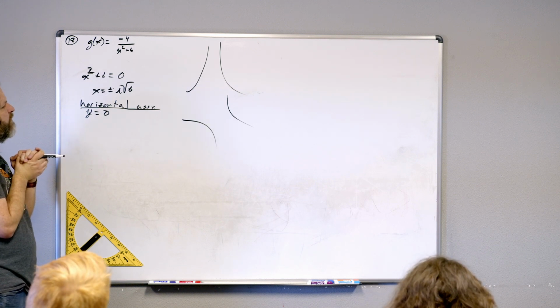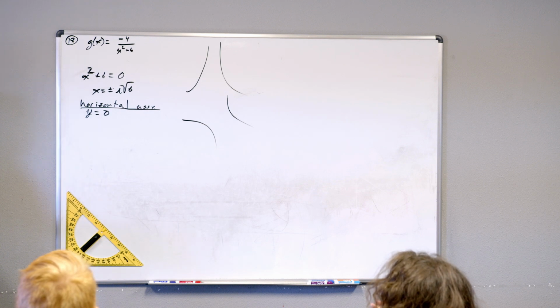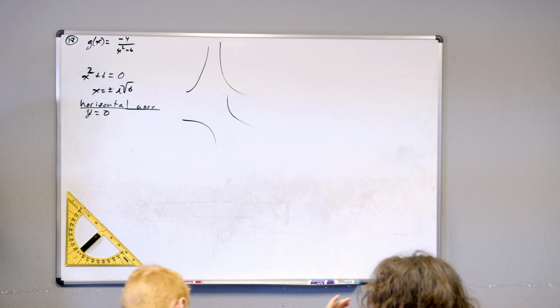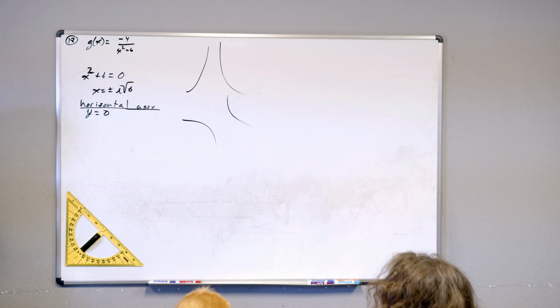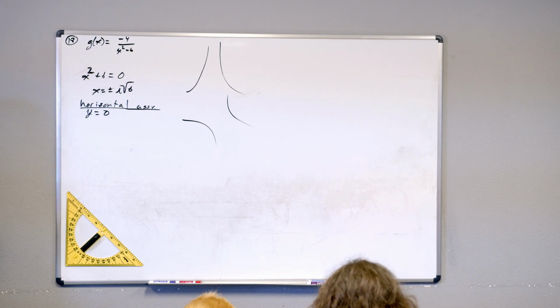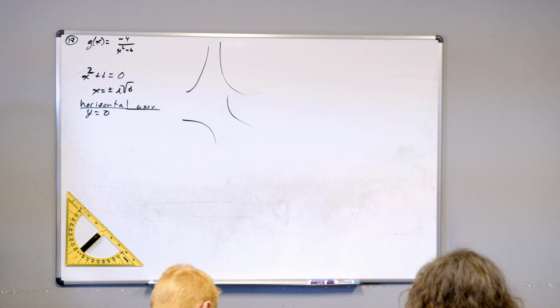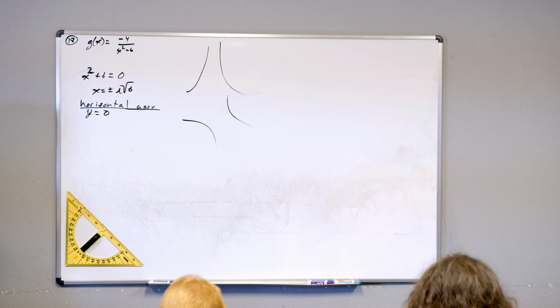Actually, does it have a horizontal asymptote at y equals 0? Is that actually correct? I think so. It looks like it, but does it? Let's find out. What do your notes say about finding it? It says the leading coefficient.